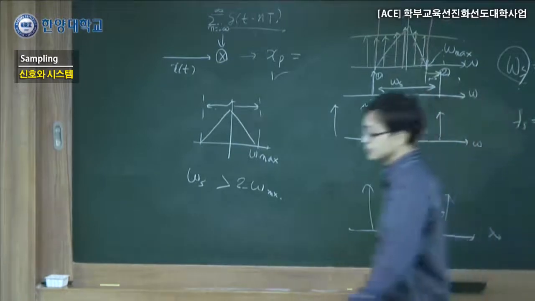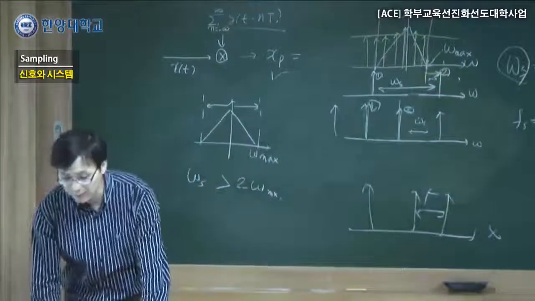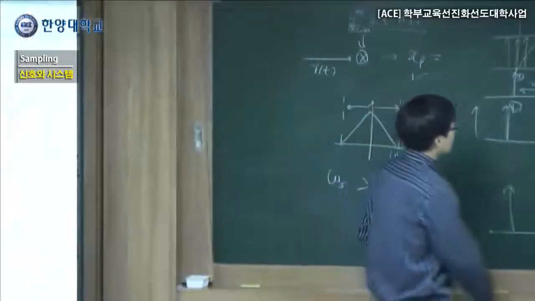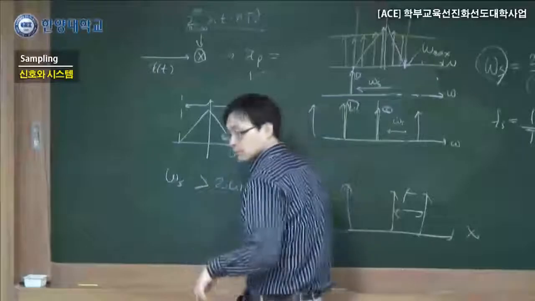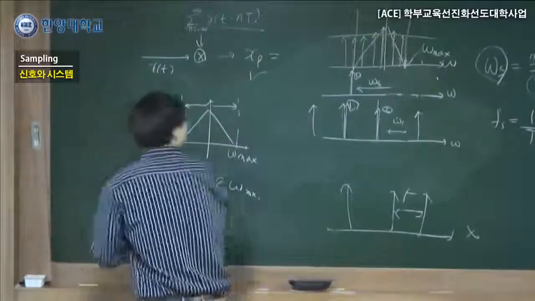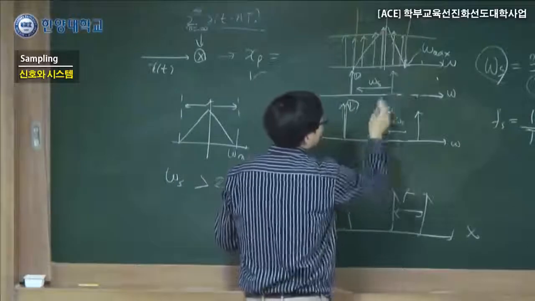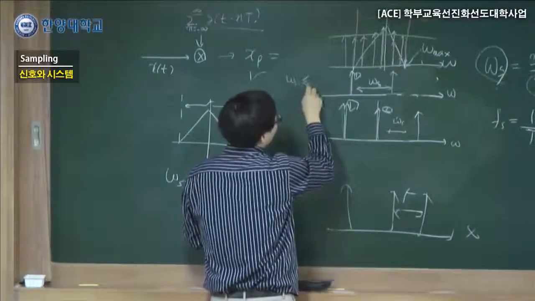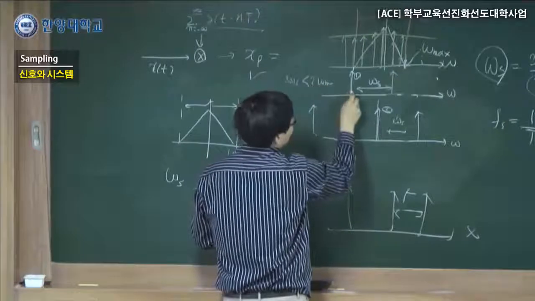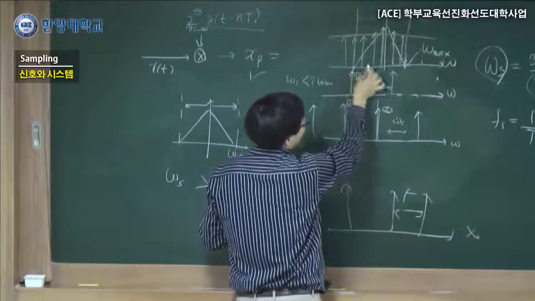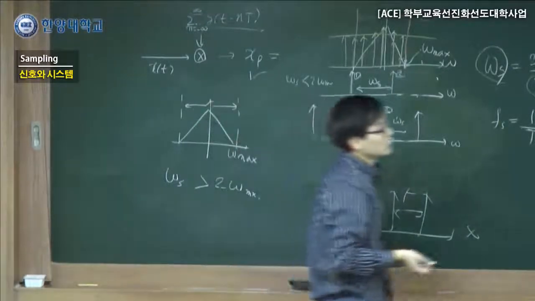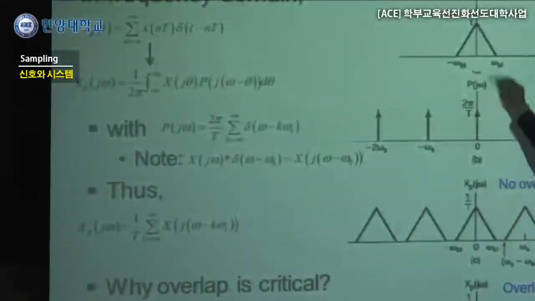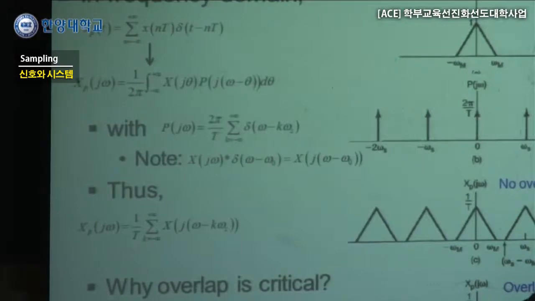Okay? So from here, if they happen to be mistakenly designed, so that omega s is smaller than 2 omega max, then when this one, number 1, began to enter, number 2 is still there. So the resulting multiplication is not the same shape, but somehow overlaps.